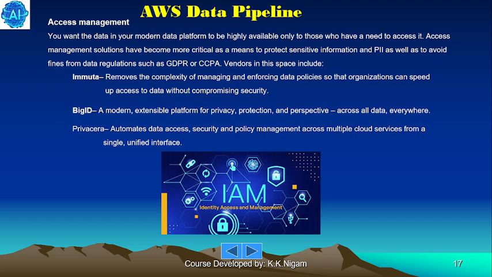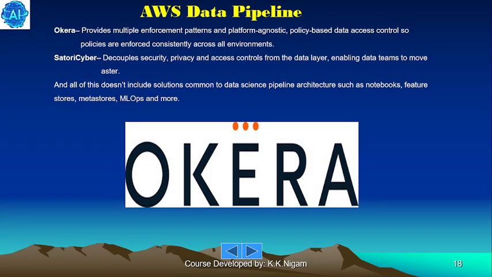Privacera automates data access, security, and policy management across multiple cloud services from a single unified interface. Okera provides multiple enforcement patterns and platform agnostic policy based data access control so policies are enforced consistently across all environments.